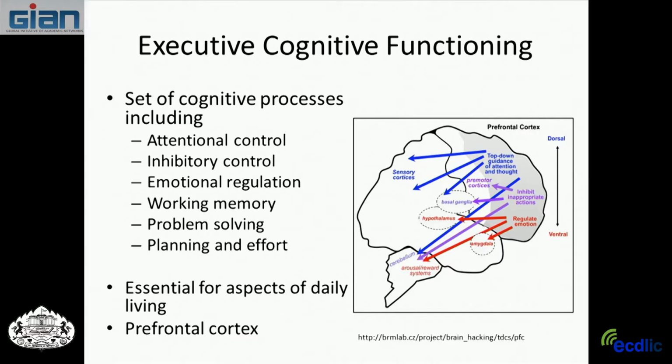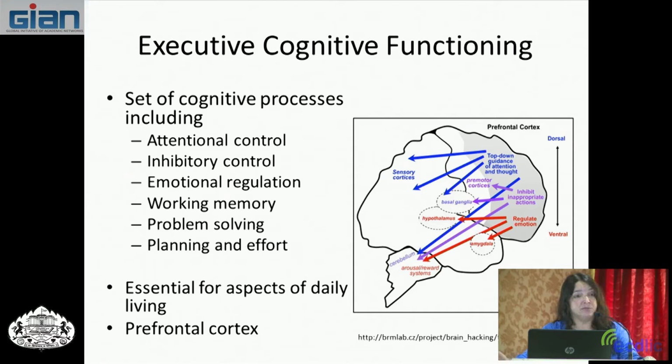And you can see the picture of the brain here, and how the front of the brain comes and performs a lot of functions from the front back, including helping us to keep our attention on things, helping us to inhibit responses, helping us to regulate our emotions, helping us with working memory, problem solving, and planning and effort.